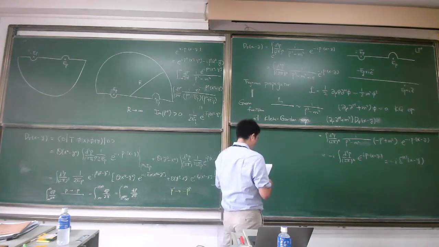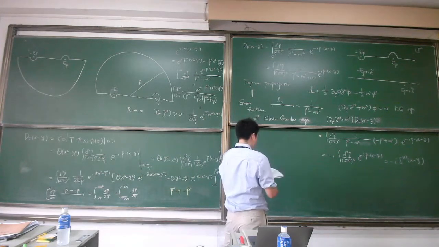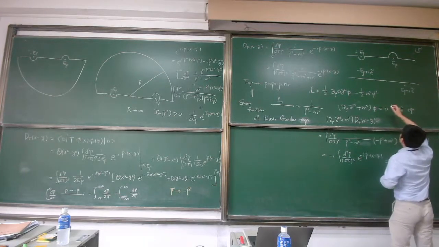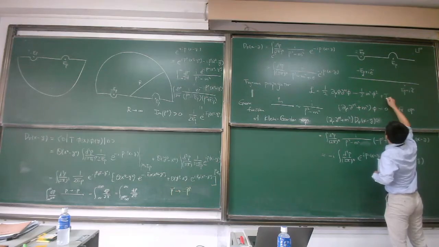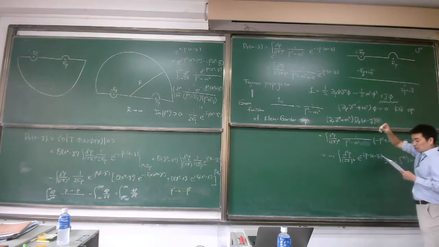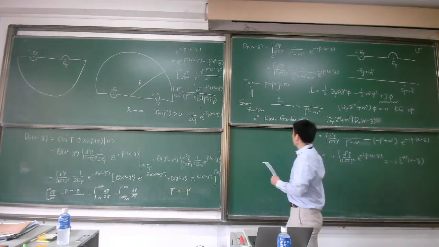In particular, if you add some source term perturbation, like plus j dot phi, into the action, it's called a source term, the equation of motion will change.